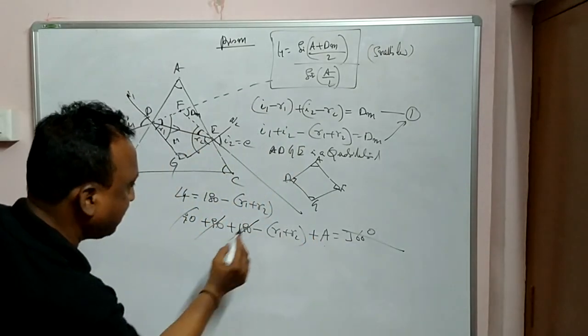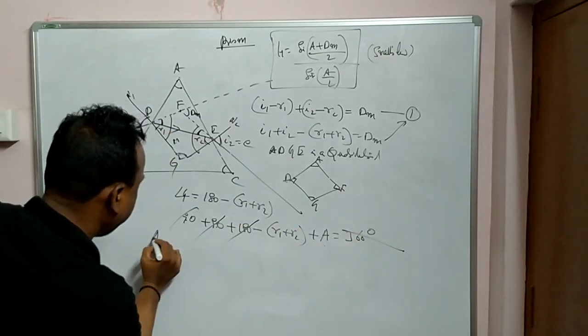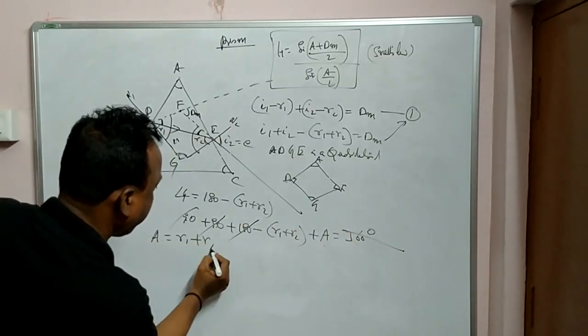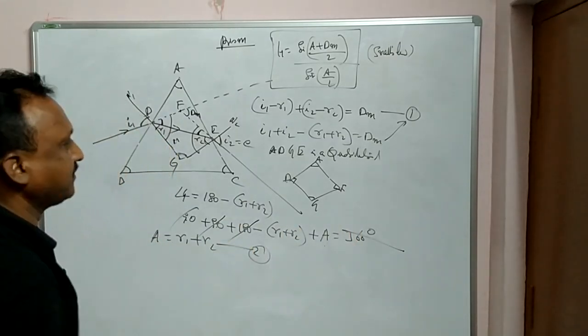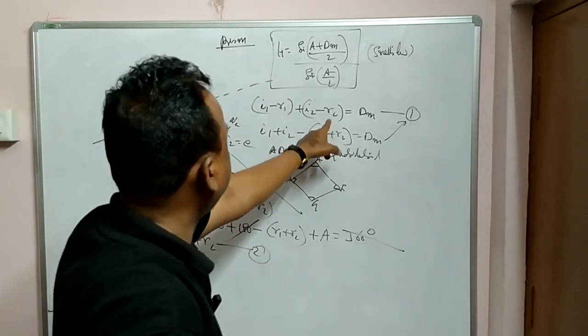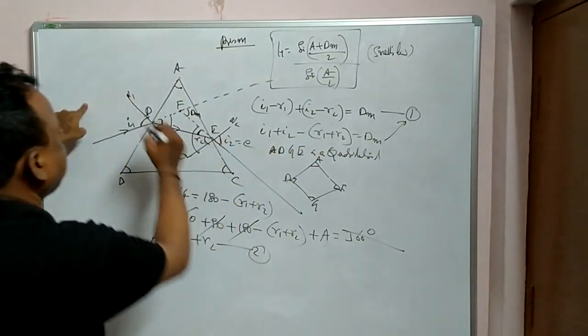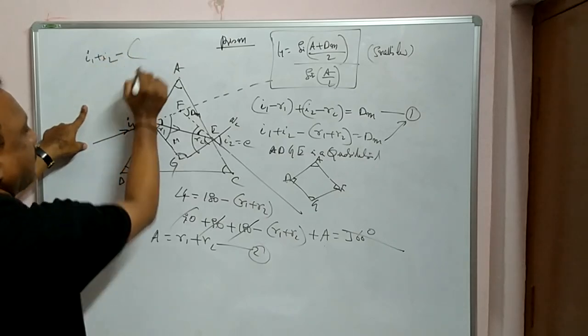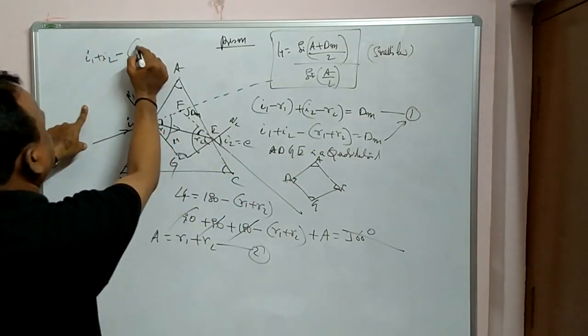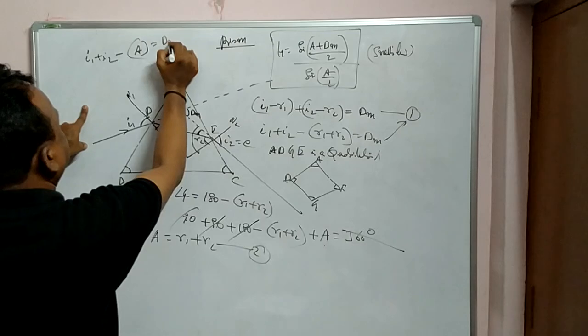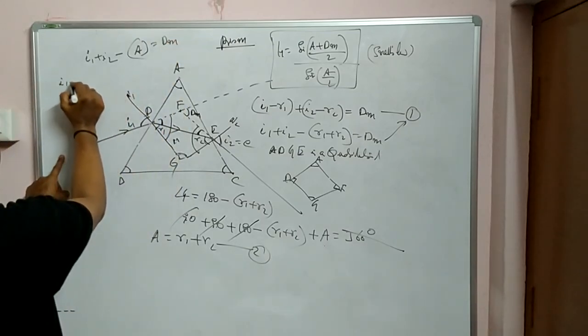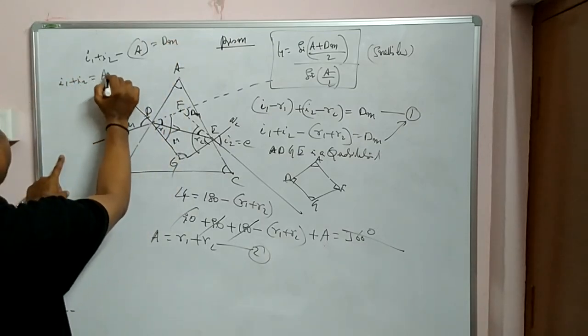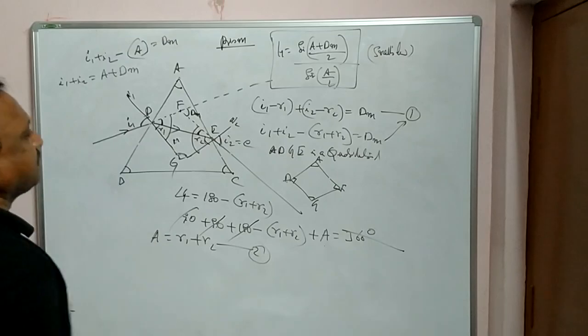What is left over? Take this to the other side: A is equal to R1 plus R2, equation 2. If you put it here, the minimum deviation angle I1 plus I2 minus (R1 plus R2) becomes A is equal to dm, or I1 plus I2 is equal to A plus dm.